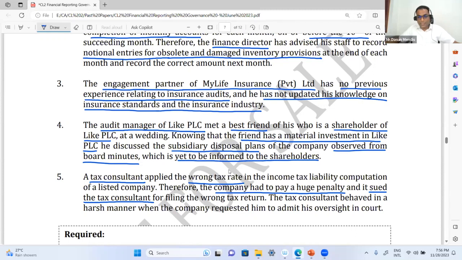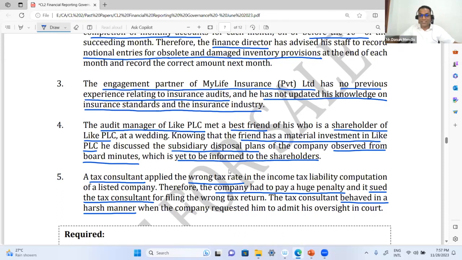The tax consultant behaved in a harsh manner when the company requested him to admit his oversight in the court. So he has acted in a harsh manner to the client, right?